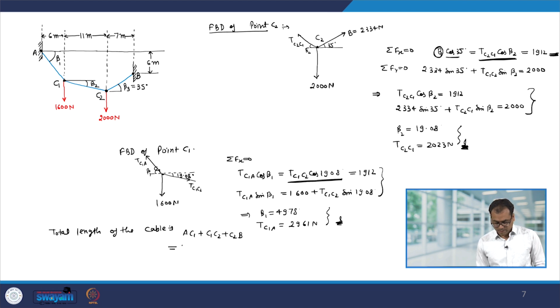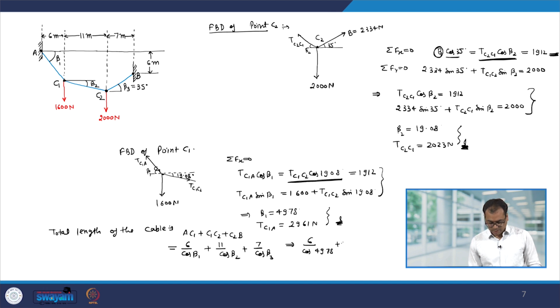So, this will be 6 over cos beta 1 plus 11 over cos beta 2 plus 7 over cos beta 3, and we can write down the values of this beta 1, beta 2, beta 3. So, this is 6 over cos 49.78 plus 11 over cos 19.08 plus 7 over cos 35, and you can find out it comes out to be 29.48 meter.